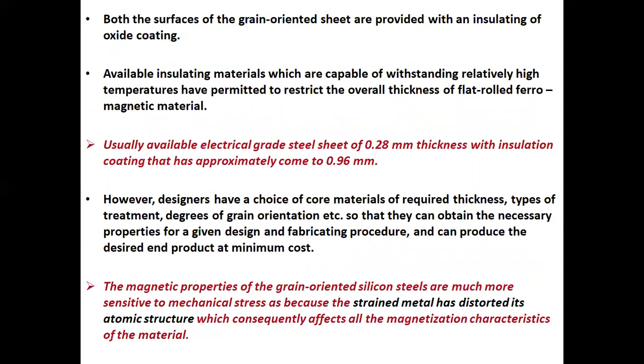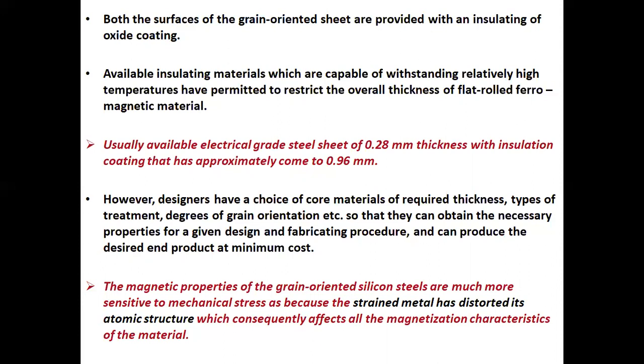Both surfaces of the grain-oriented sheet are provided with an insulating oxide coating. Available insulating materials capable of withstanding relatively high temperatures have made it possible to restrict the overall thickness of flat rolled ferromagnetic material.